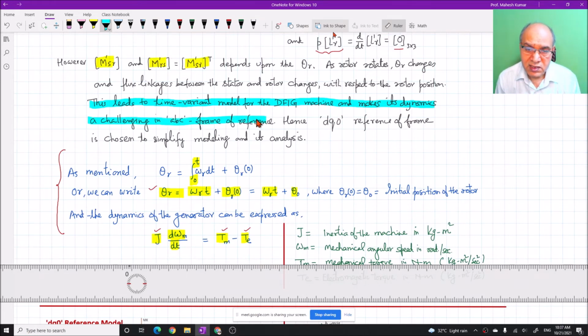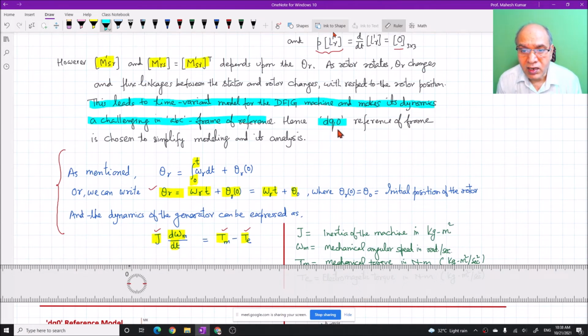In other words, the study of the machine becomes quite difficult and complicated. Therefore, we need to transform the ABC quantities into simpler quantities so that we can understand, analyze, and study the characteristics of the DFIG in the real-time domain. So for that, the DQ0 frame of reference is chosen.